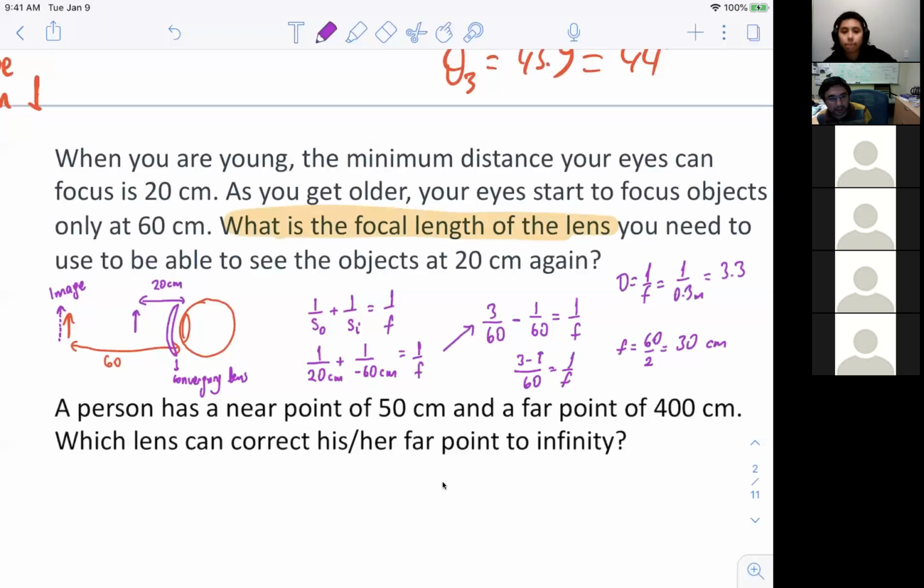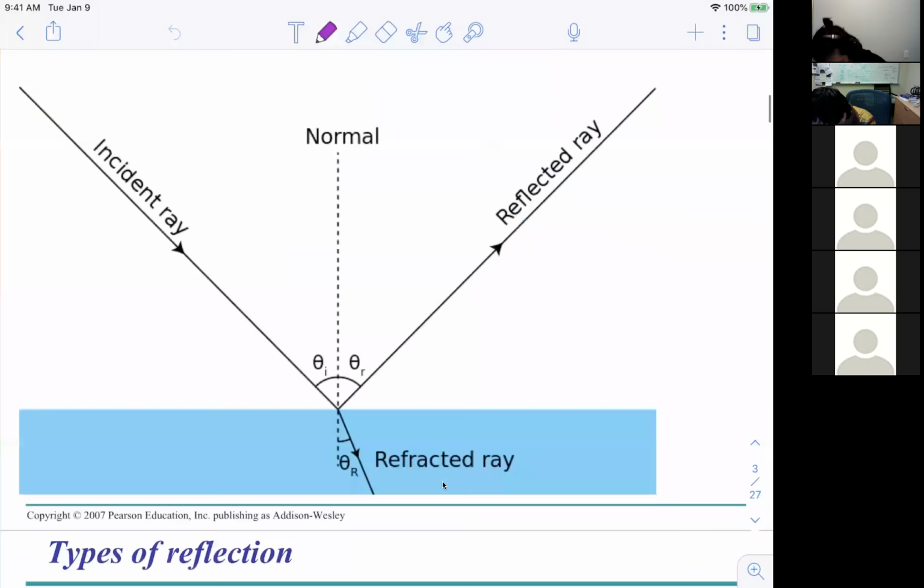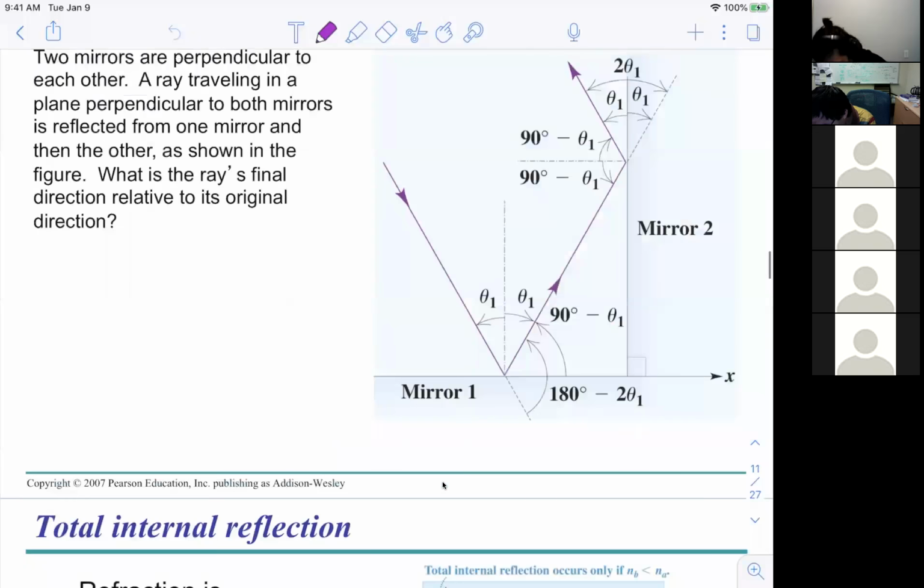So yeah, the sign convention is the most difficult part of these lenses. Like in lecture 25, right? Is it this one? I think it's about lecture 2.